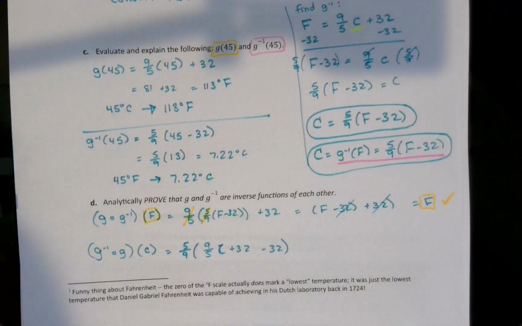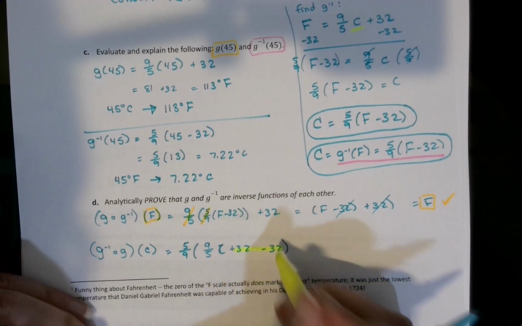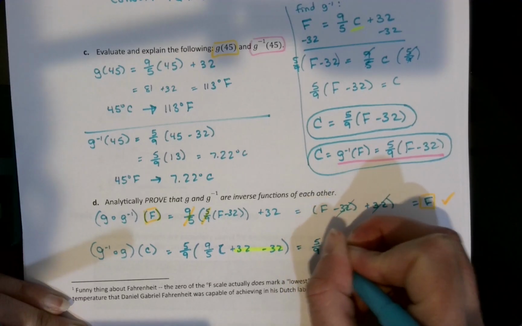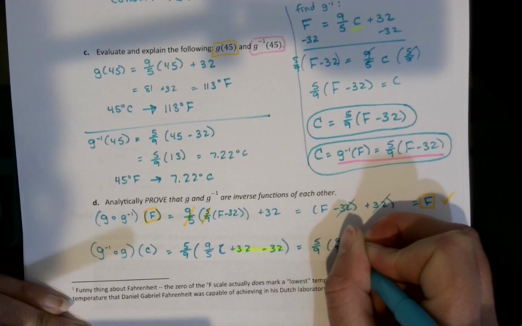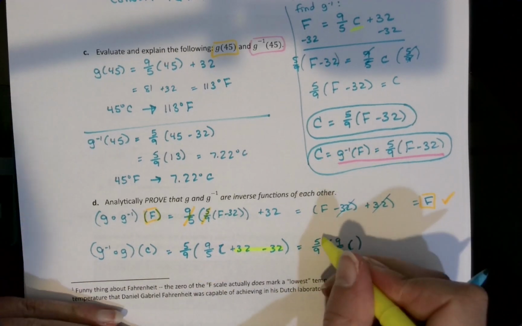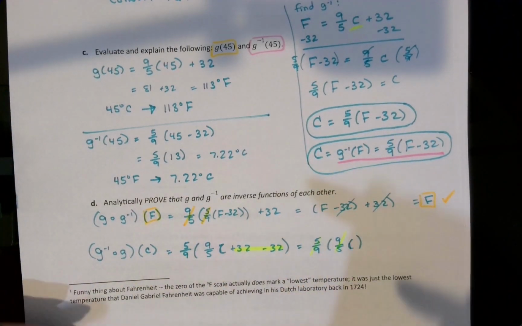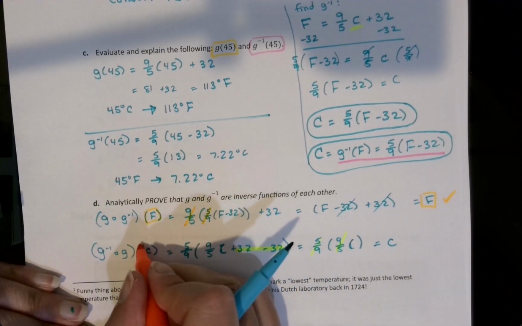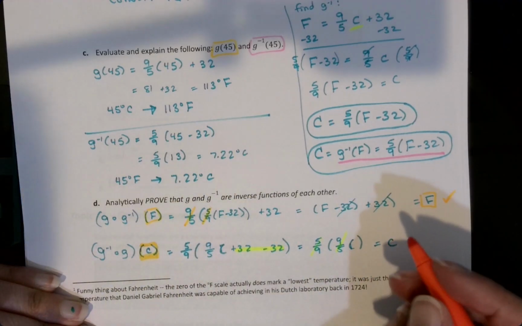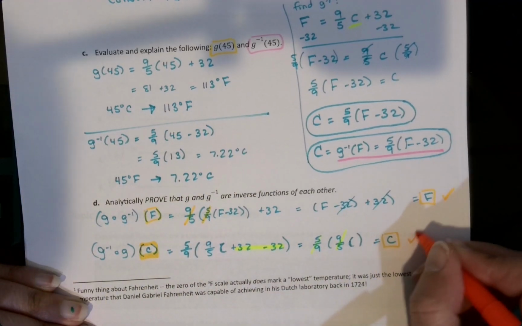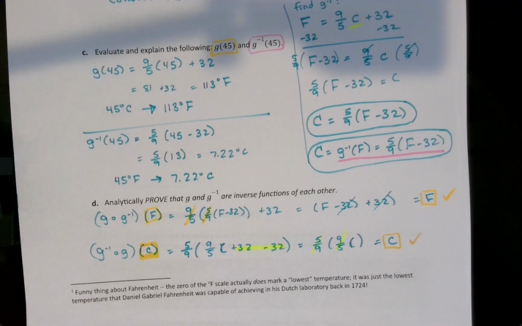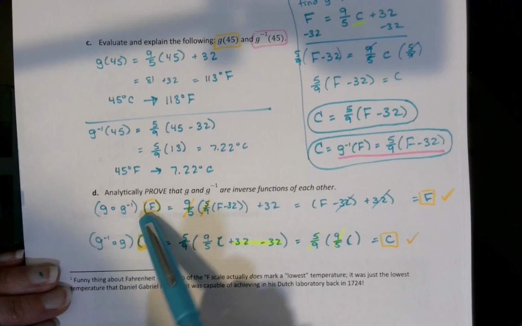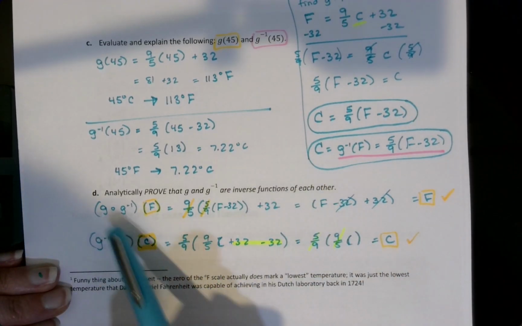In this one, our plus 32 minus 32 will add to 0. Then we've got our 5/9 times our 9/5 c. 5/9 and 9/5 multiply to 1. We come back out with just c, remembering that c was the name of the input, and that's what I got back out. So once again, confirms that these two functions are inverses of each other. The value plugged in is the value we got out when we compose the functions with each other.